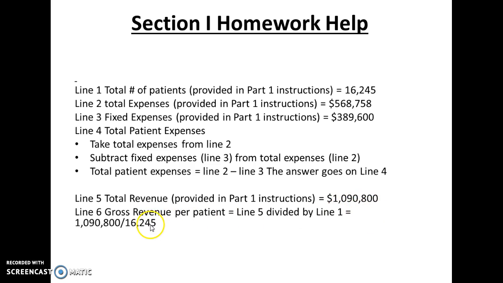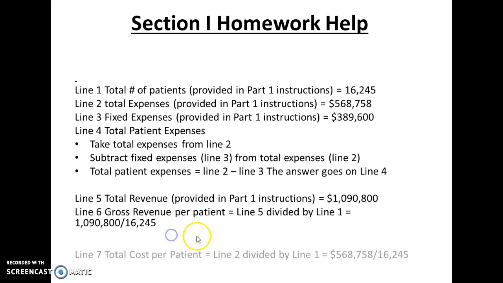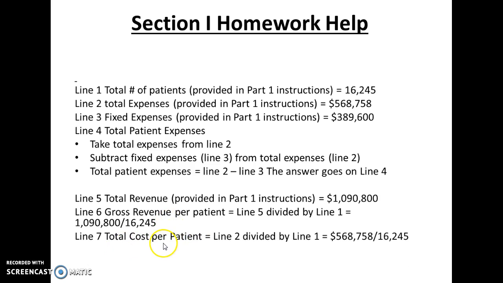Line 6 is your gross revenue per patient. That's line 5 divided by line 1, and I've provided those numbers to you, so all you have to do is calculate and get your answer. Line 7 is the total cost per patient. That's line 2 divided by line 1, and I've provided the numbers here for you, so all you have to do is calculate to get your answer.